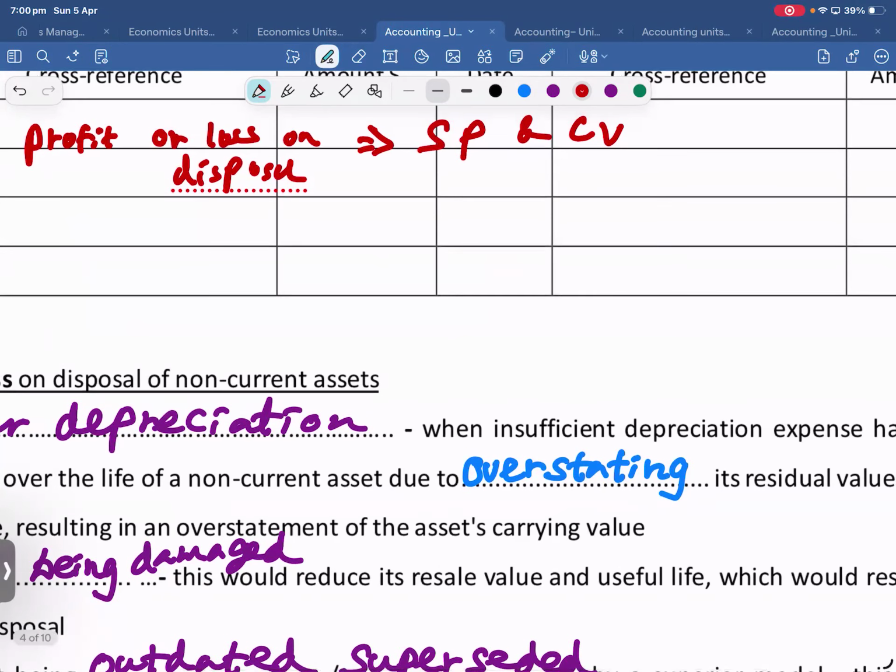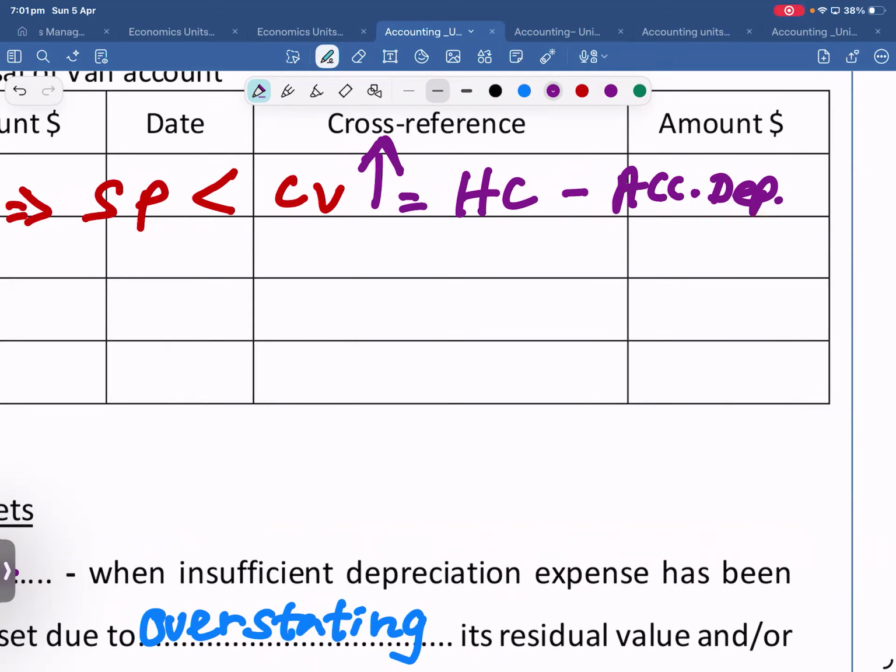Now look at this one, guys. Very important. If we need a higher carrying value, what do you think we have done? We can't change the historical cost, but accumulated depreciation would have been lower. So accumulated depreciation should have been low.